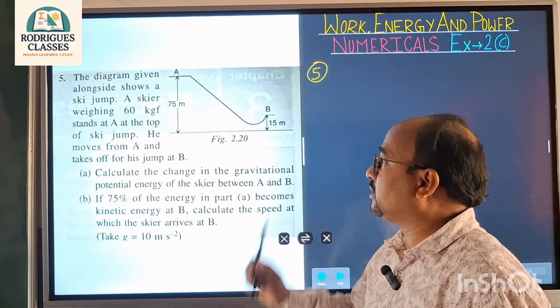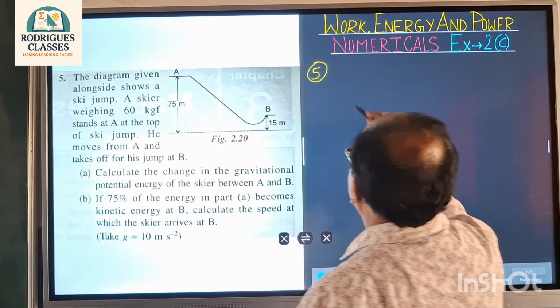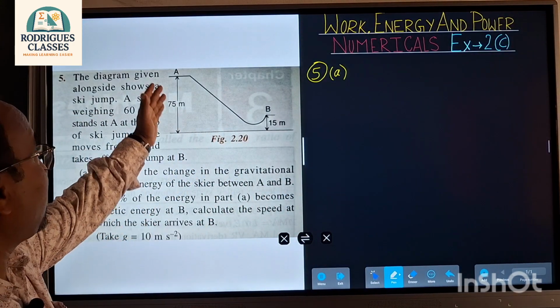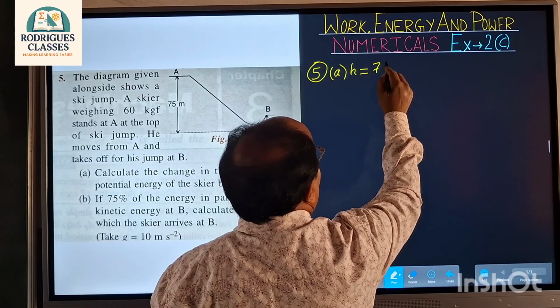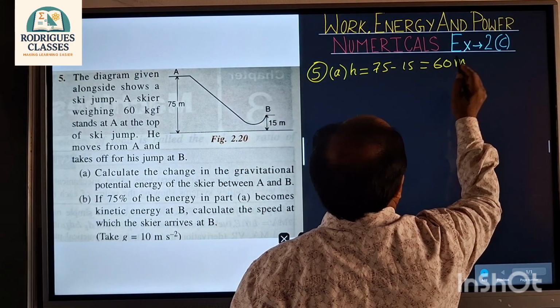First part, let us calculate the change in the gravitational potential energy. So for that, first of all, you need to take that height difference. So I will write here h equals 75 minus 15 equals 60 meter.